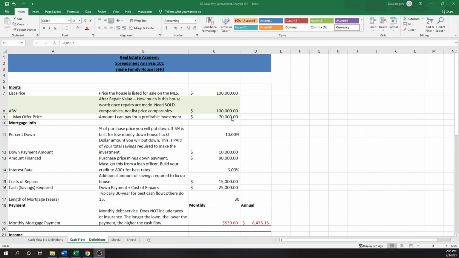Another famous investor, Warren Buffett, uses this same idea when he buys stocks. He calls it a margin of safety, which came from Benjamin Graham, who wrote The Intelligent Investor, and he was Warren Buffett's professor when Warren first started to study investments. So always keep this in mind. My max offer price is going to have built into it my margin of safety.